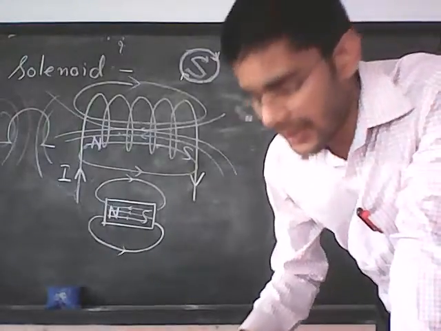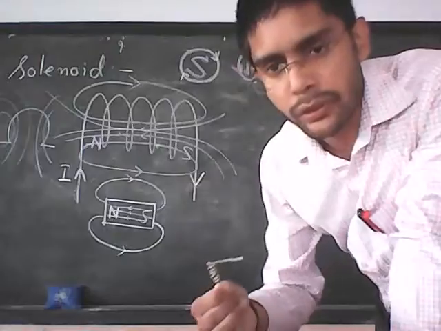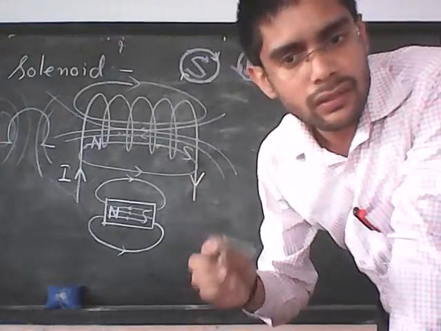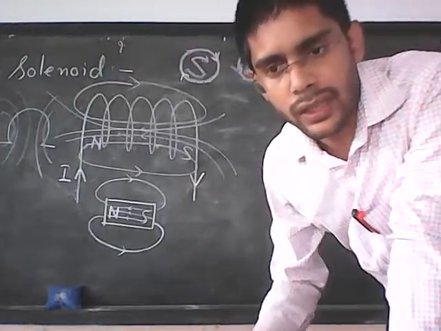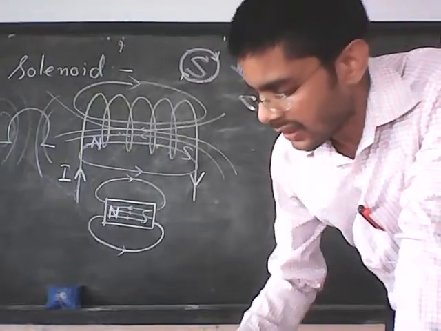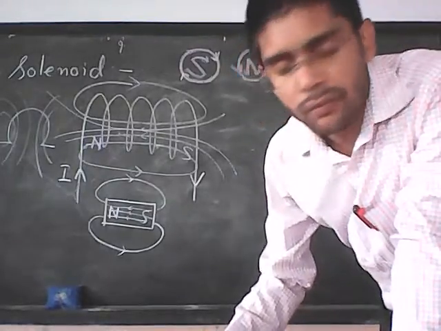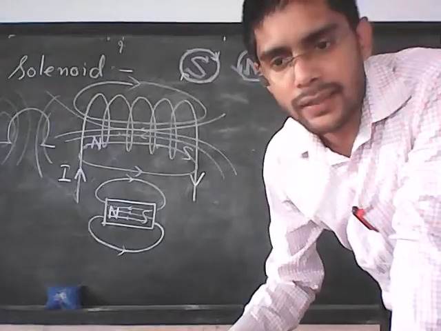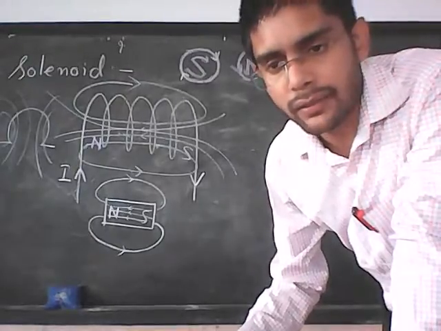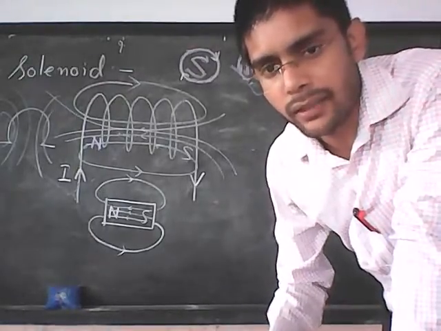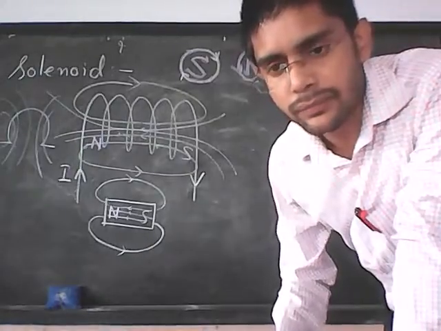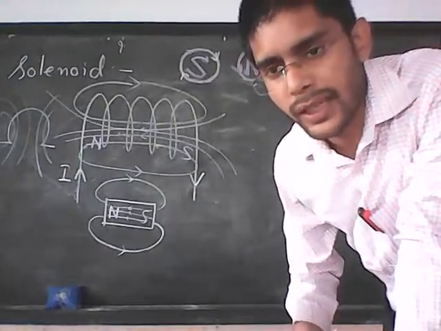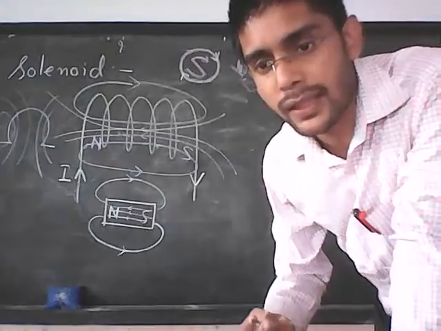So basically the answer is this. When you use steel or another kind of material, it will work as a magnet when the current is supplied to it. But when you remove the current supply, after that also it will work as a magnet.